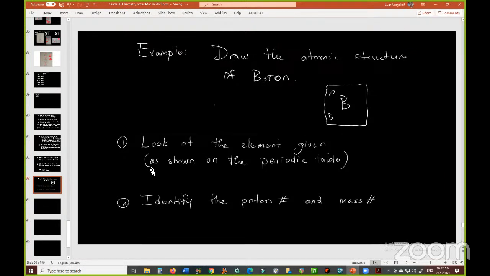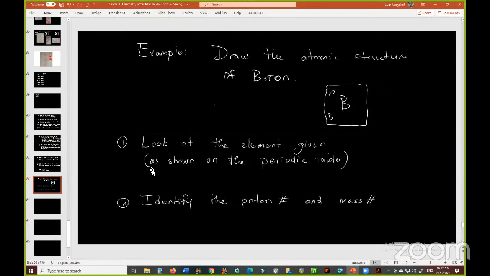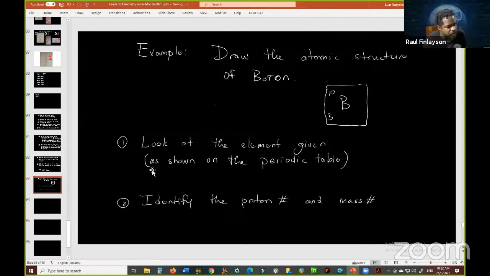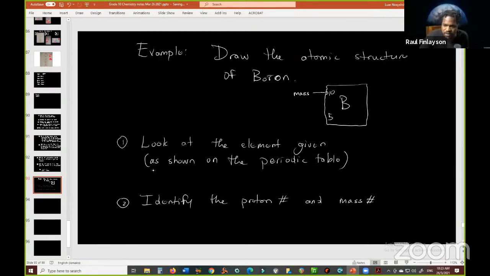Sir, 5 is the mass number, 10 is the proton. 5 cannot be the mass number. Sir, is it the proton number then, sir? Yeah, but the bigger number has to be the mass number. That's always the case. The bigger number is the mass number. So therefore, this is the mass number. And if I know that, this must be the proton number.